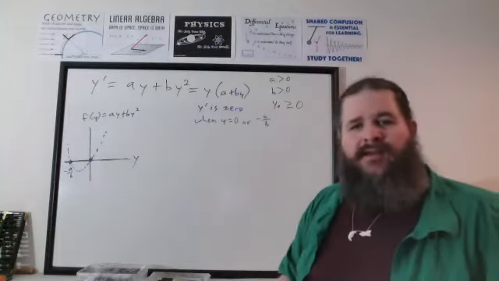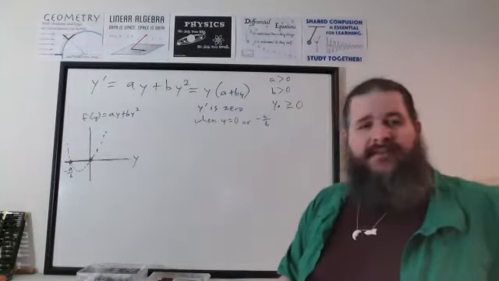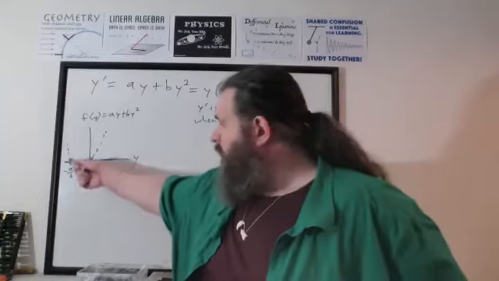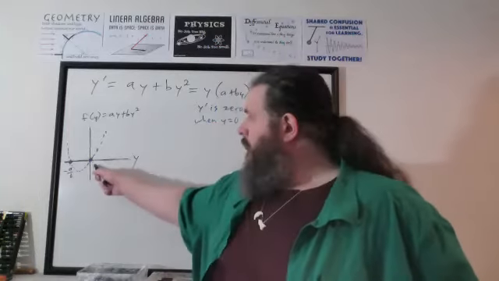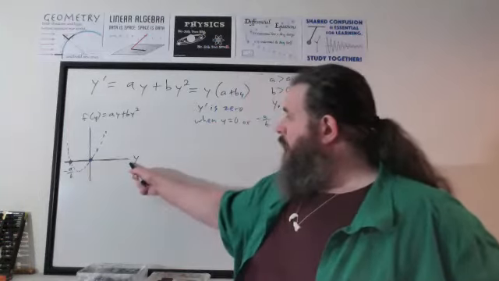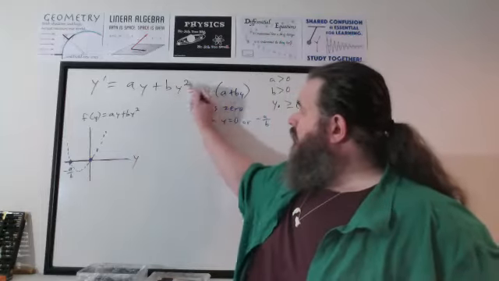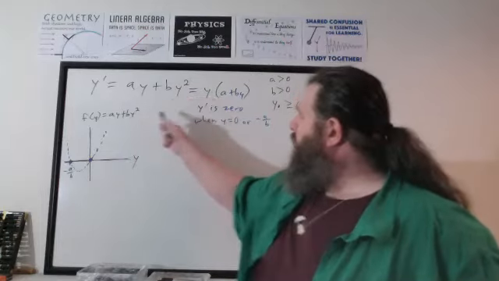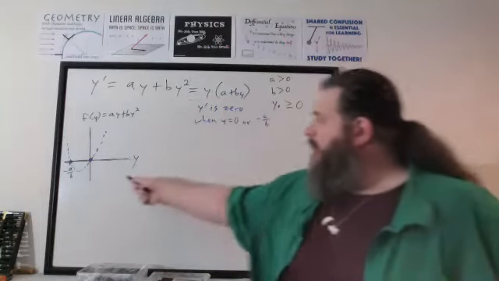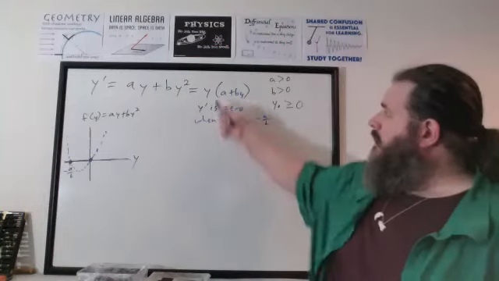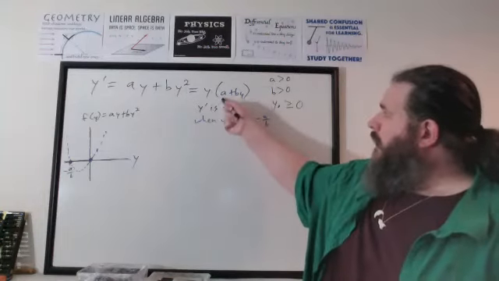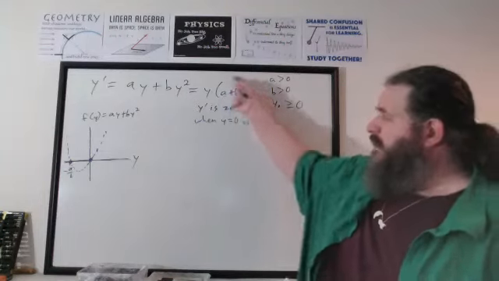But even if you don't recognize that right away, you can still try filling in some values. Like, and again, we don't even know what a and b are, but if we try filling in a positive value for y, note that this is always going to be positive. Or actually, we should probably look at factored form. If we're looking at a positive value for y, positive plus positive times positive is going to also be positive.